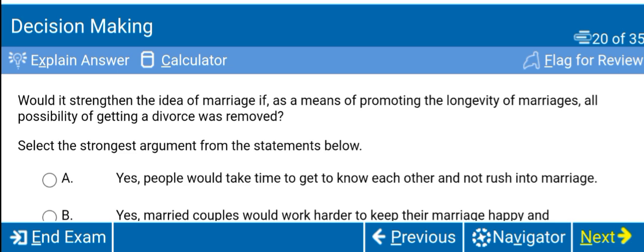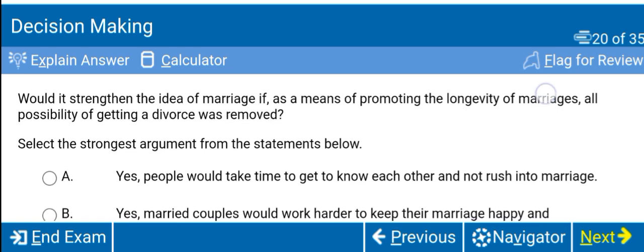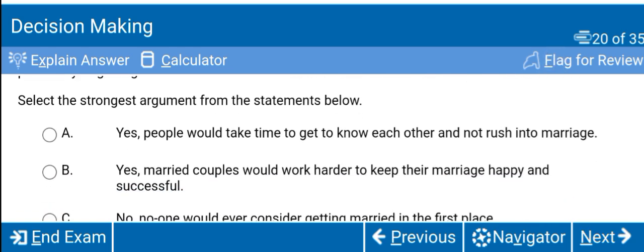Would it strengthen the idea of marriage if, as a means of promoting the longevity of marriages, all possibility of getting a divorce was removed? So select the strongest argument from the statements below. Option A, yes, people would take time to get to know each other and not rush into marriage.